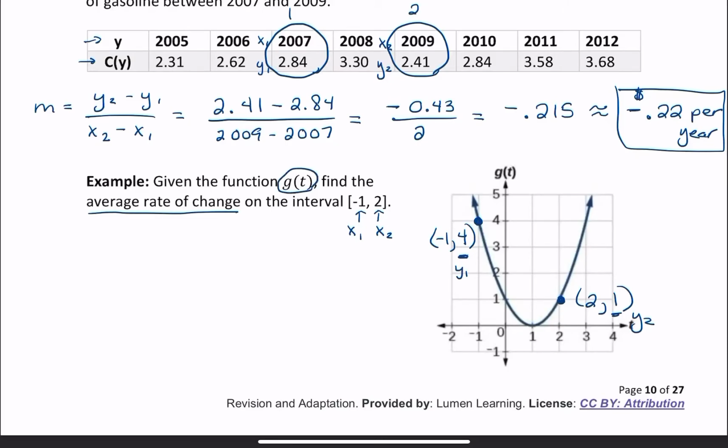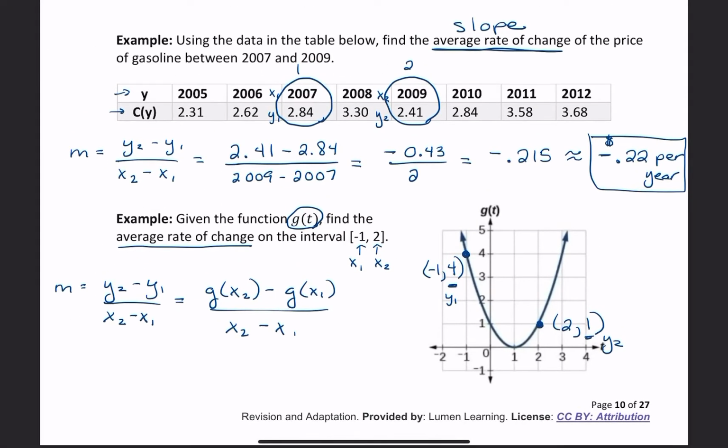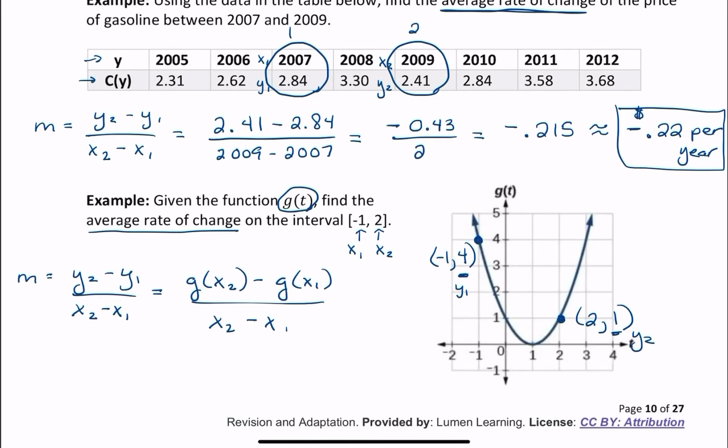Also notice I've got function notation. So using the same formula, that is the same thing as saying g of x2 minus g of x1 over x2 minus x1. So here, I'm still talking about y2 minus y1, and the bottom is the interval or the x coordinates.